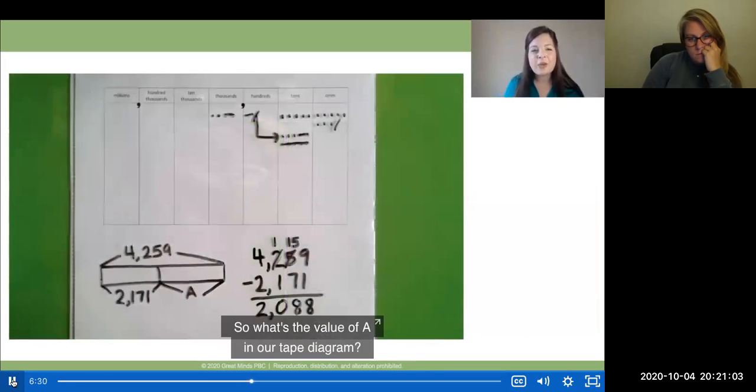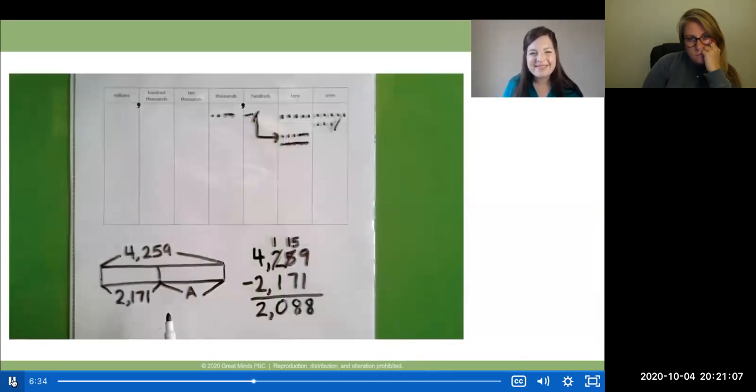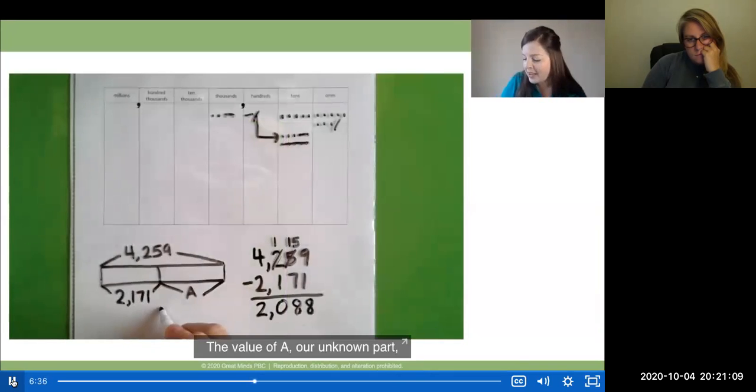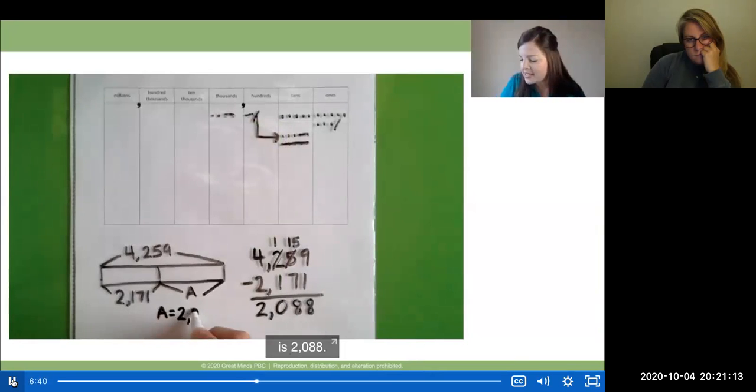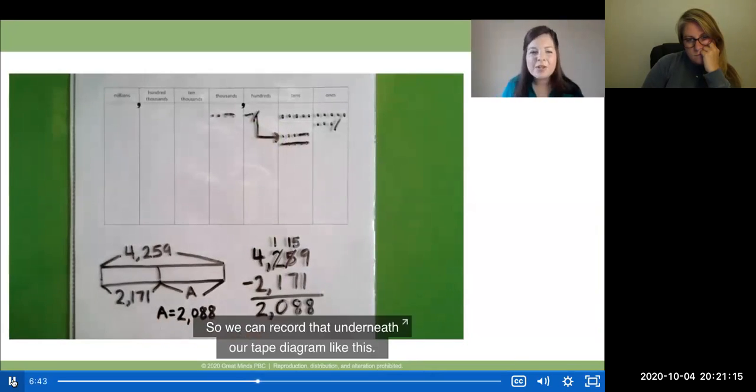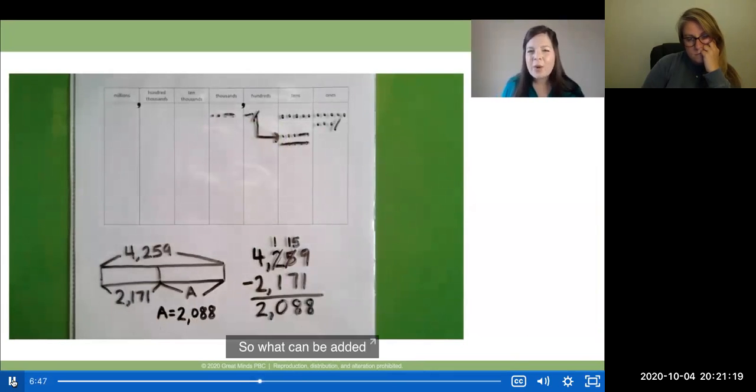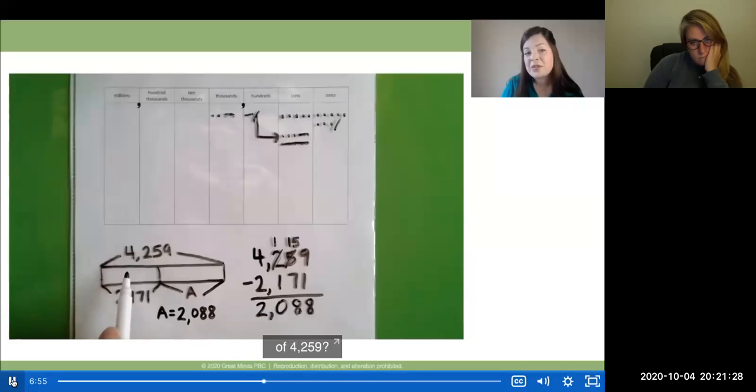So what's the value of A in our tape diagram? The value of A, our unknown part, is 2,088. So we can record that underneath our tape diagram like this. So what can be added to 2,171 to result in a sum of 4,259?